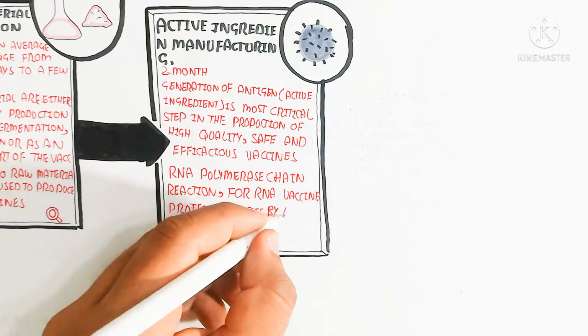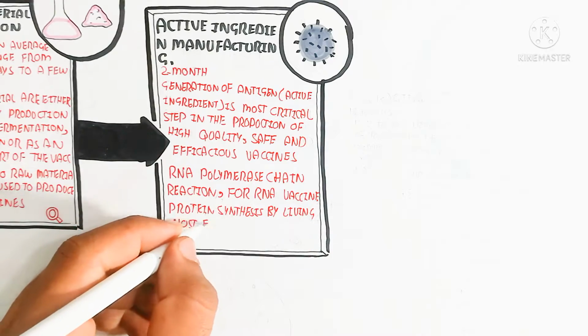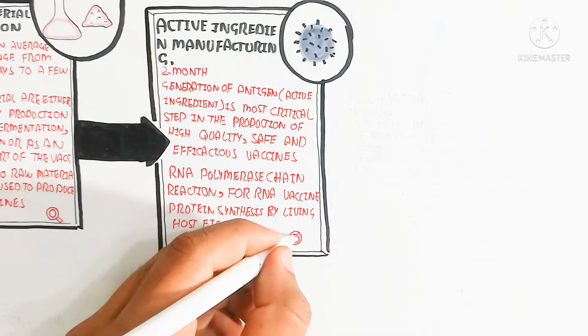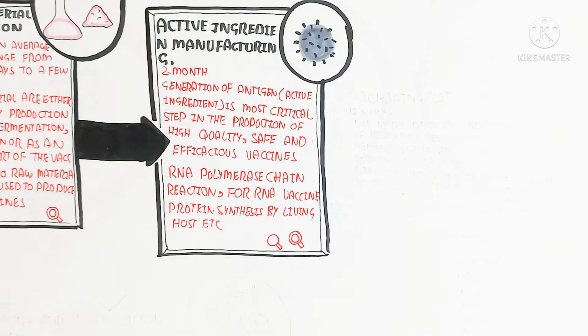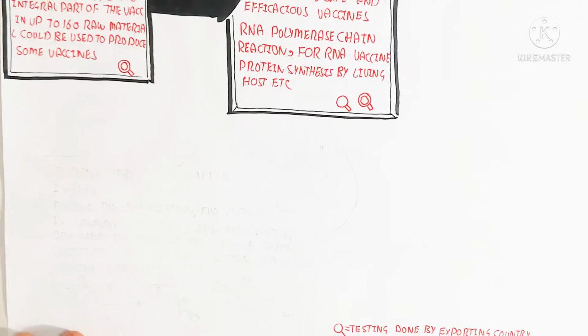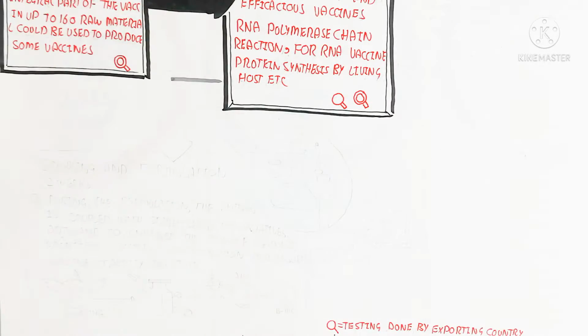RNA polymerase chain reaction is also involved, for production of RNA related to the viral RNA, and for RNA vaccines and protein synthesis by living hosts.